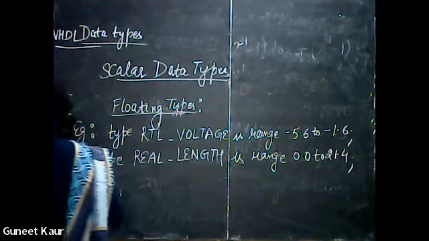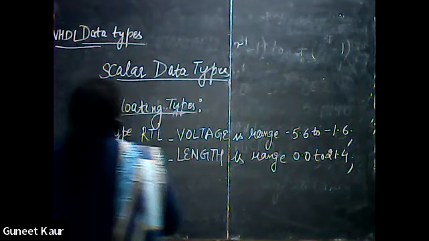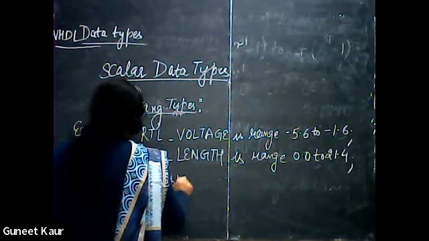And the object used for this floating type is, we can use only the variable data object with this.